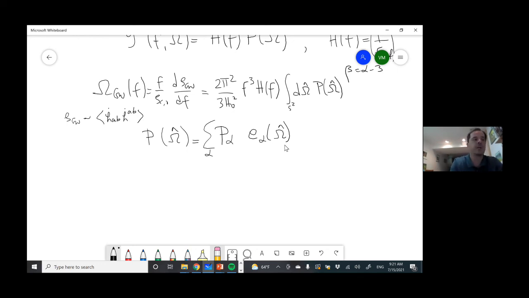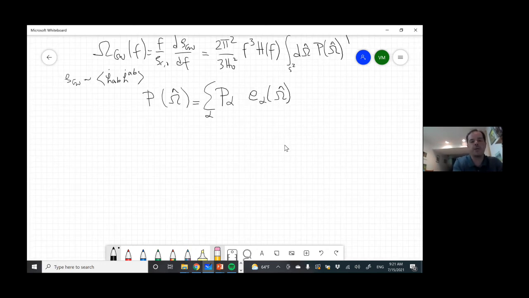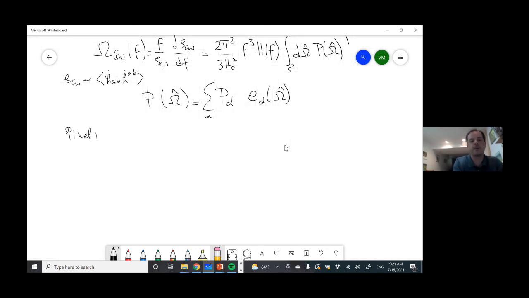So for example, if we use a pixel basis, this would amount to writing P of omega as a sum of P of omega prime, where omega prime is some particular direction of the sky, times delta of omega comma omega prime.